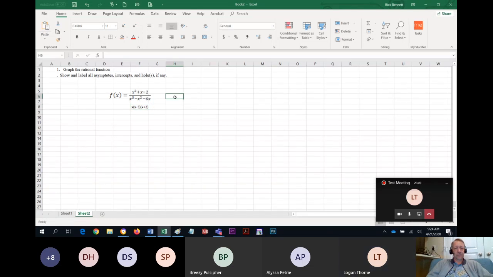The numerator factors X plus 2 times X minus 1. So then what? Well, the X plus 2's cancel. Does that mean there's a hole there or an asymptote? Oh, that's a good question. What do you guys think?